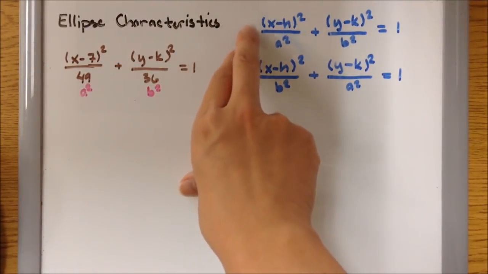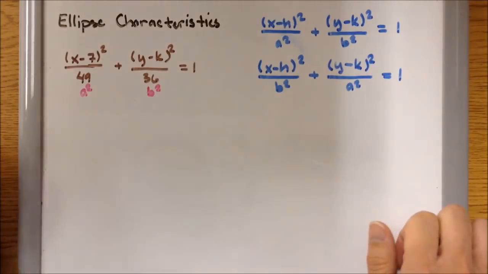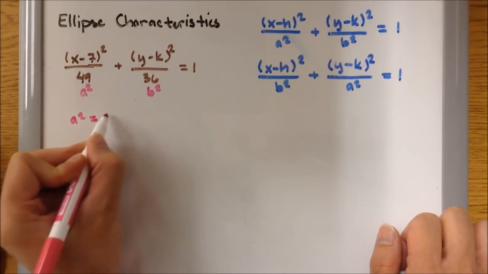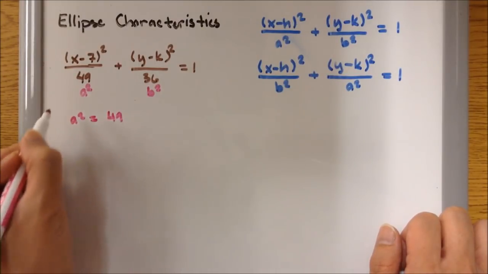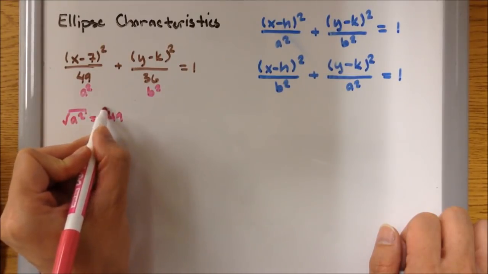Once I identify the correct standard form, now I will use the correct formulas for foci, vertices, co-vertices, major axis, and minor axis. First we need to identify our A, B, C values before we can find any of the characteristics of the ellipse. A squared is 49. So if I want to find A, I'm simply going to take the square root of both sides.